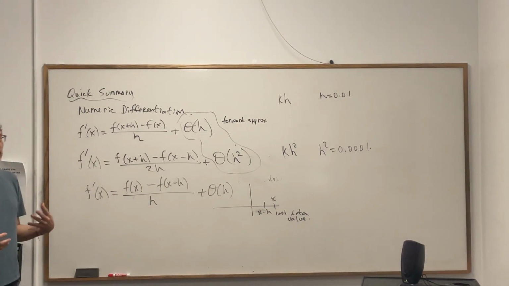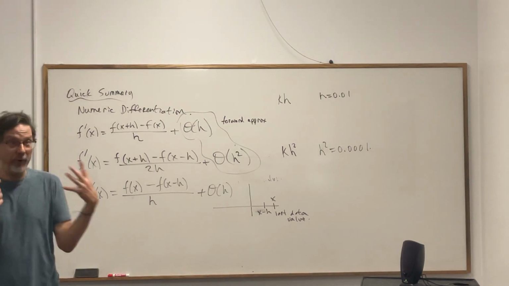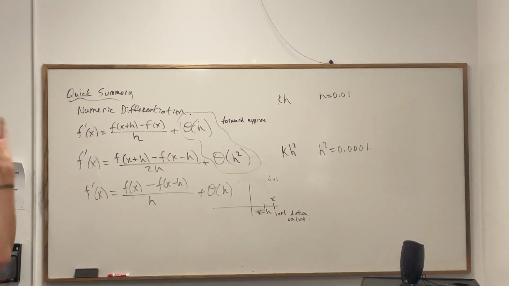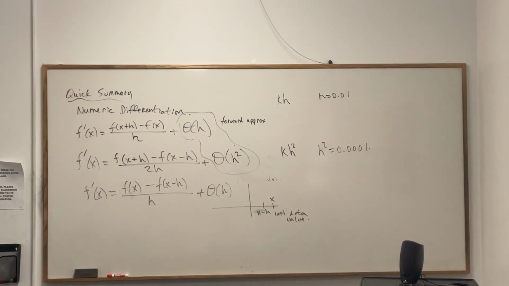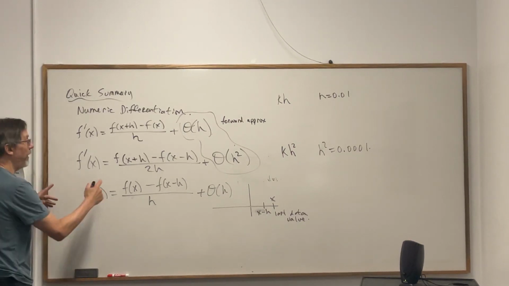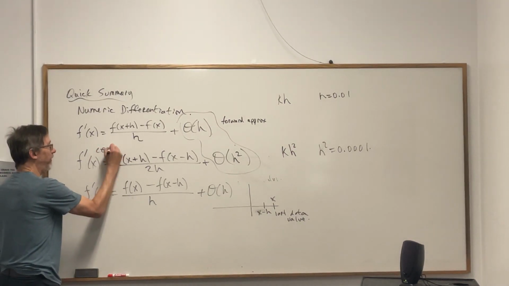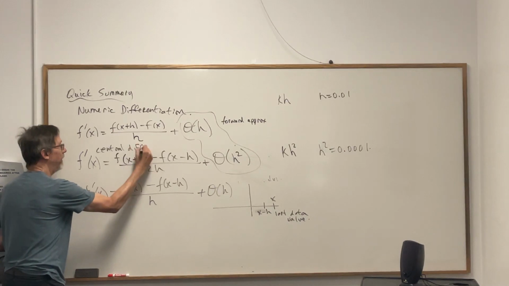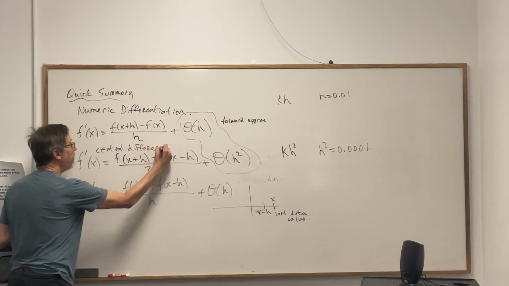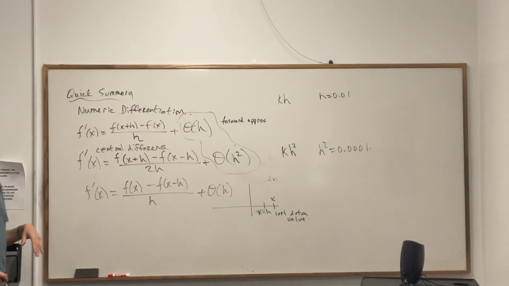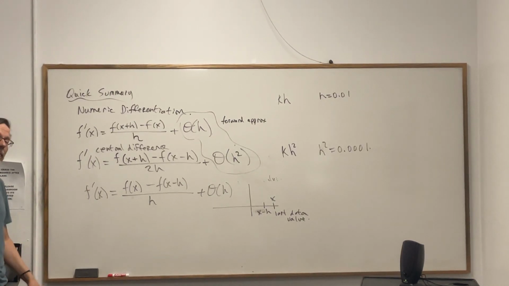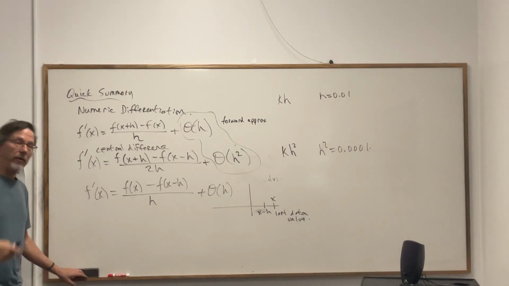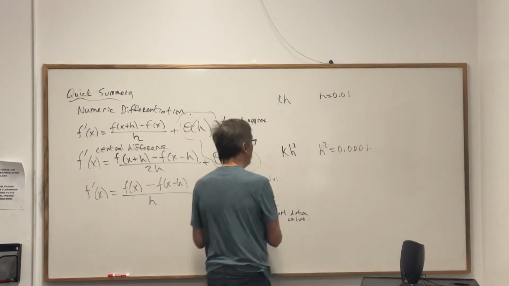Let me ask you to really push your brains here. Just with the formulas on the board, how could we come up with a central difference approximation for the second derivative? Just using what's on the board. Let me pose that question and give you a second.